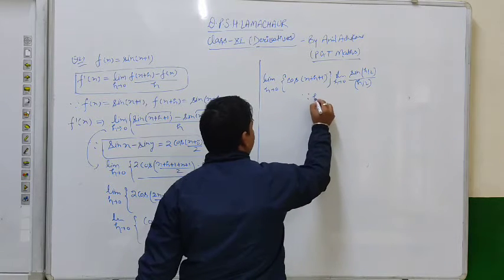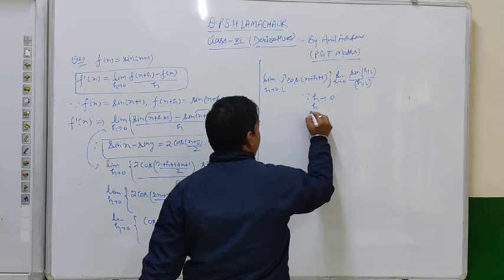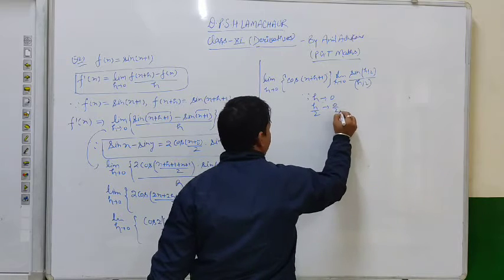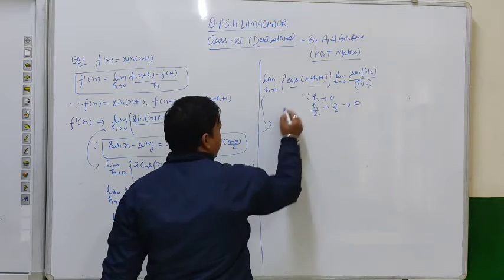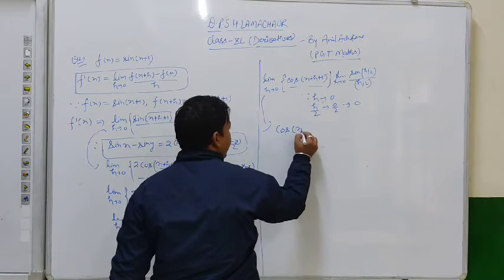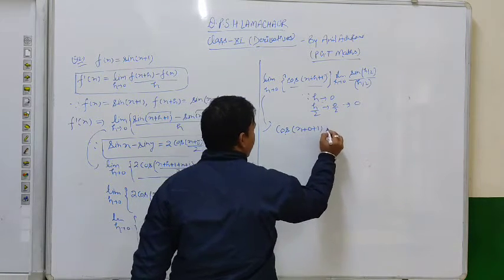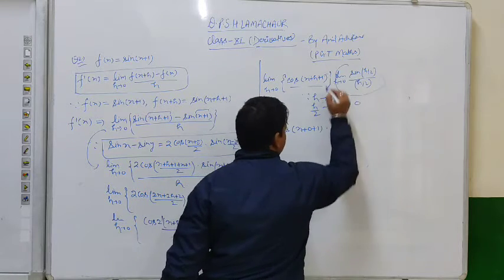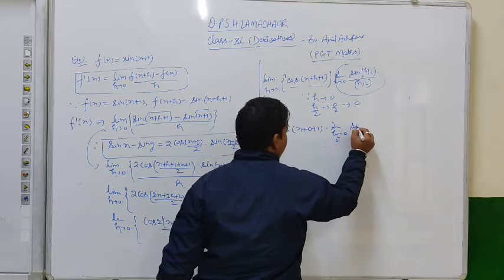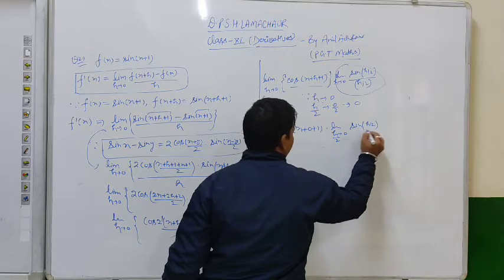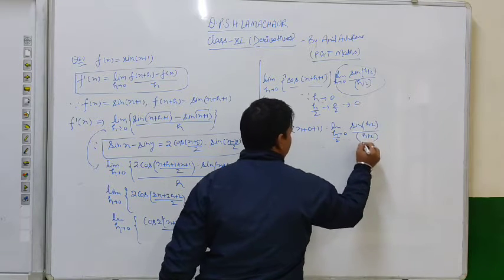Now if h is tending towards 0, so h upon 2 will be tending towards 0 upon 2, it means tending towards 0. So on applying the limit, here we get cos of (x plus 0 plus 1) multiplied with limit h by 2 tends to 0 sin h by 2 upon h by 2.